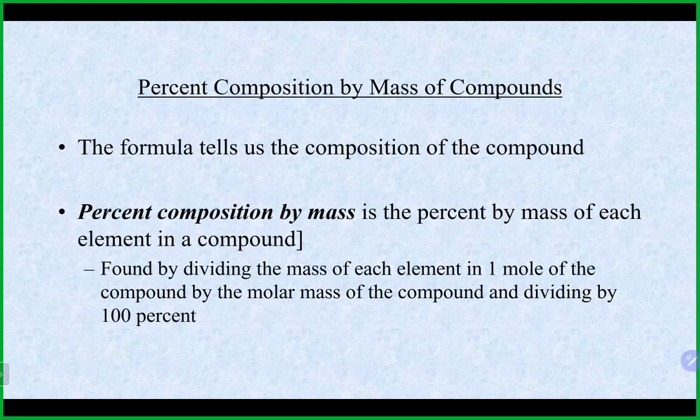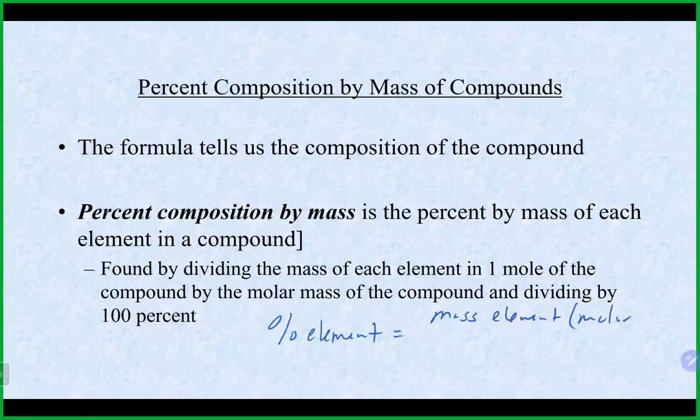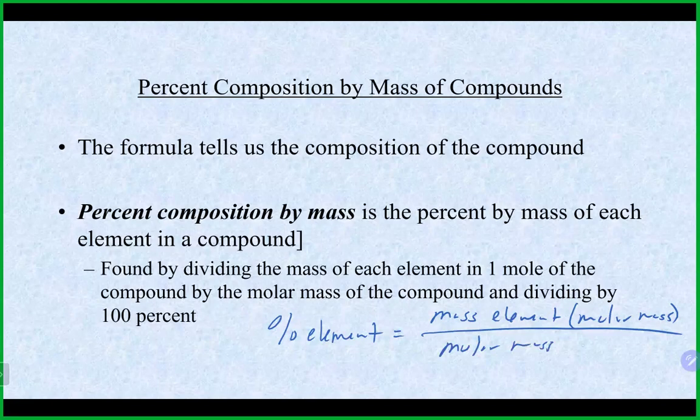To find the percent of an element, you take the mass of that element in the compound, which is the molar mass of that particular element, divided by the molar mass of the compound, times 100%.